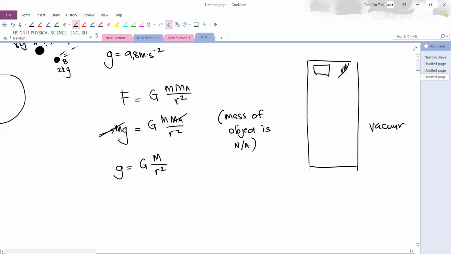Have you seen this experiment? And you let them fall. They'll fall to the ground exactly the same time. The feather and the brick will accelerate at 9.8 meters per second squared and hit the floor at the same time.